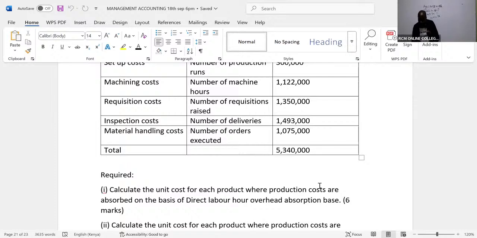You can see activity-based costing, they are apportioning this total overhead of 5,340,000 into various activities, as we shall be seeing. When it comes to our traditional method, we only use, like in this case here, one basis, one cost driver to apportion the entire overhead, which is 5,340,000.